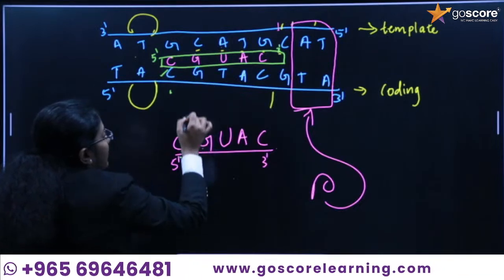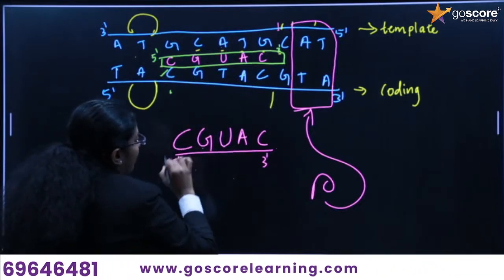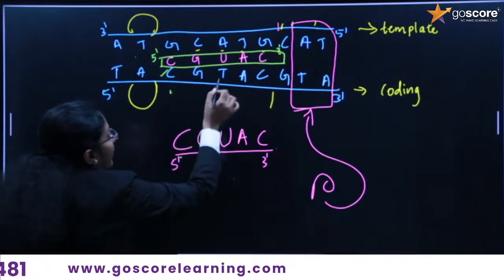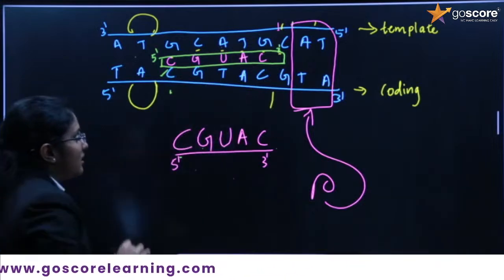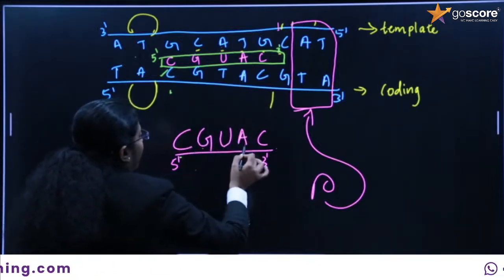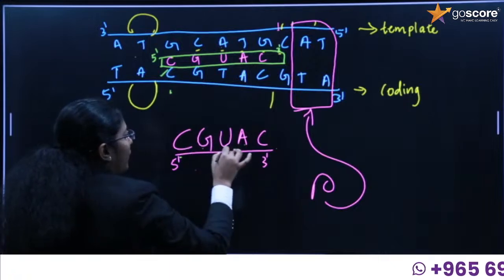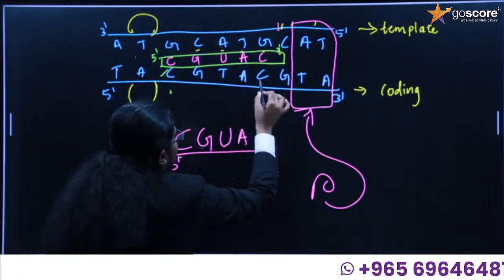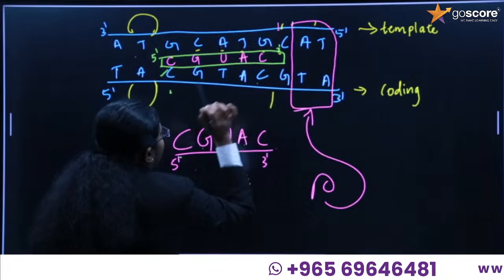The coding strand is having G. Okay, uracil in the case of RNA, but if you are considering the DNA, what is present? T is present. A, this is A, and in the coding strand, you can find A. So next you can find C. In the coding strand also, you can find the C.